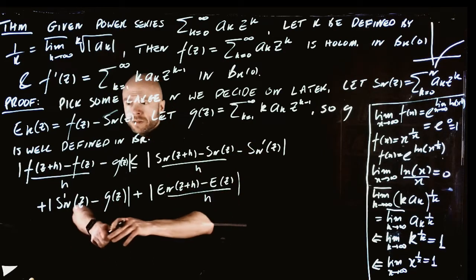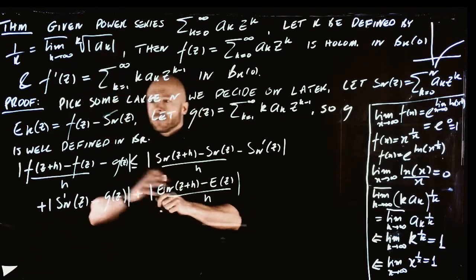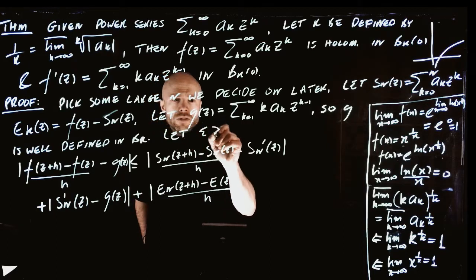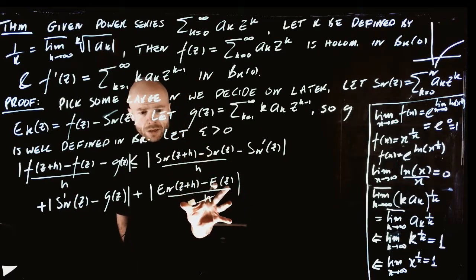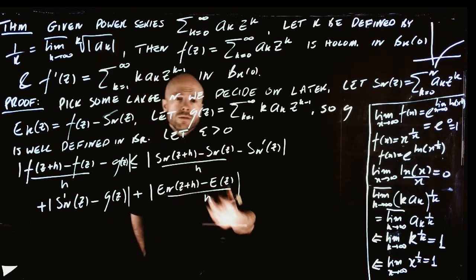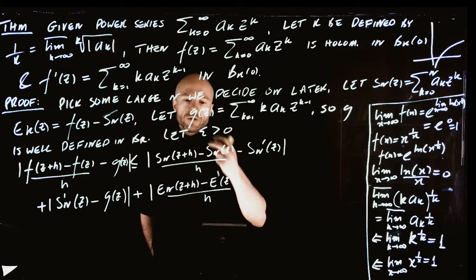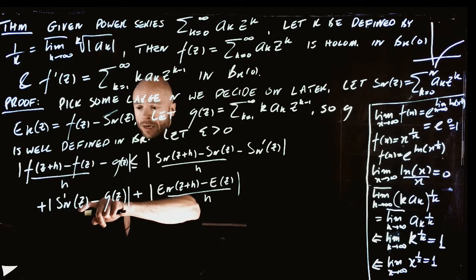More formally, what we should have done is say let epsilon be bigger than 0, and I claim we're going to be able to find an n to make this thing less than epsilon for all sufficiently small h. In fact, all I will need is that this thing is still inside the ball, and I'll be able to show that this thing is less than epsilon.